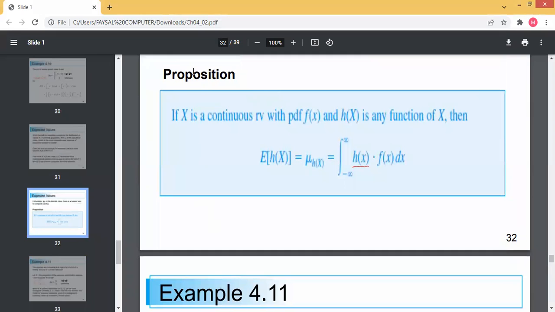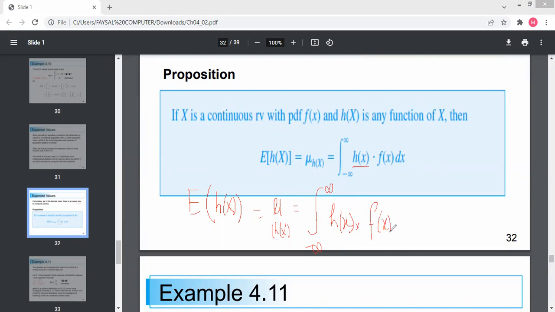E of h of x, which is mu h of x, equals the integral from negative infinity to positive infinity of h of x multiplied by the function value f of x.